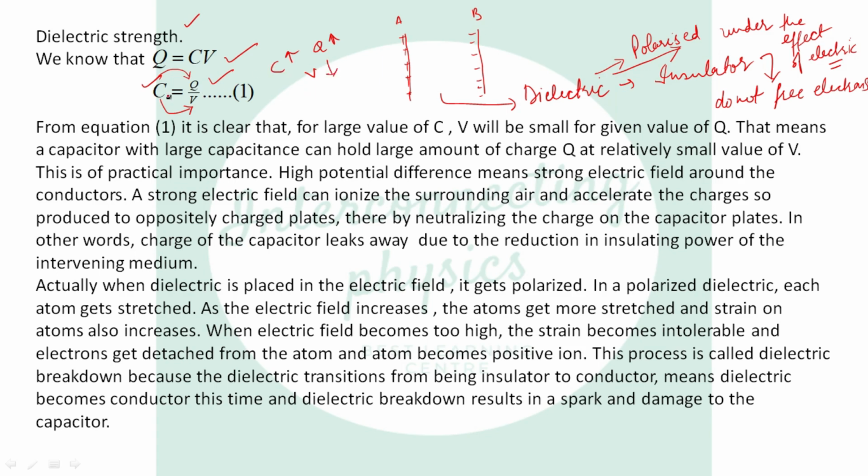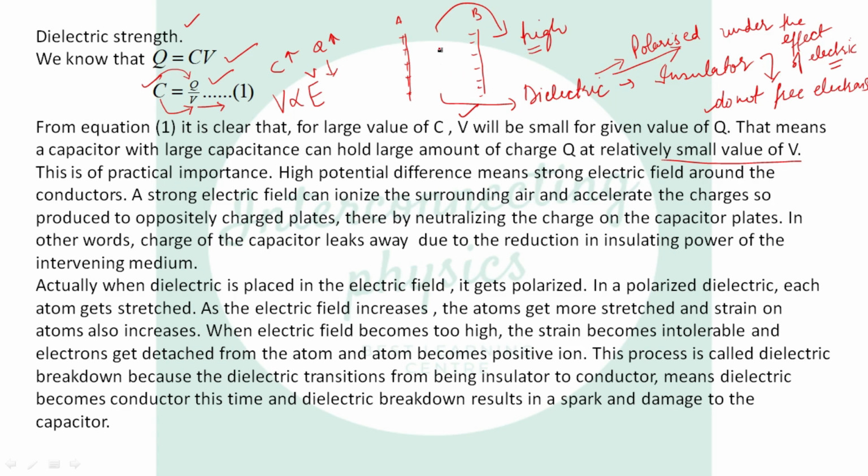So a capacitor with large capacitance can hold a large amount of charge at relatively small value of V. But let us suppose V is high. Let us suppose potential difference is high. Then electric field is high. And if electric field inside these two conductors is high, what will happen?